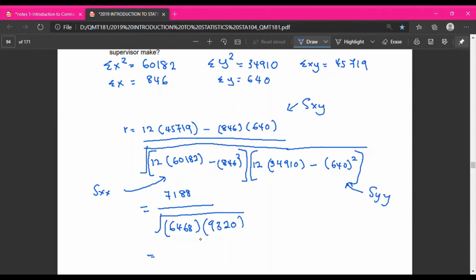So the answer will be 0.9258. Okay, you should take 3 or 4 decimal places to get the accurate answer.